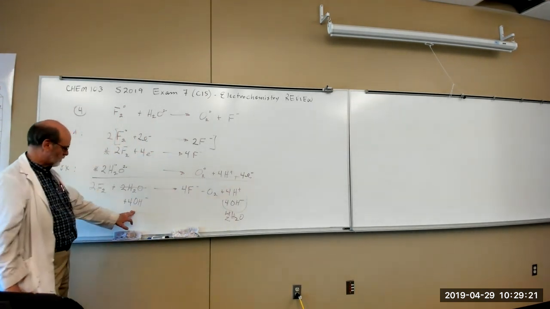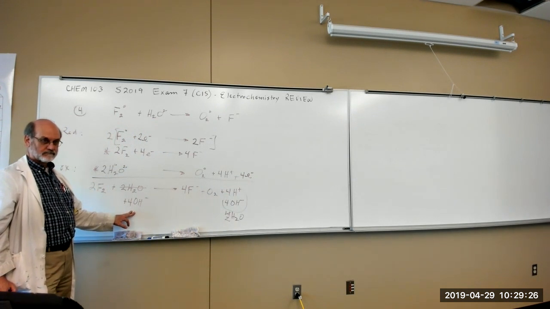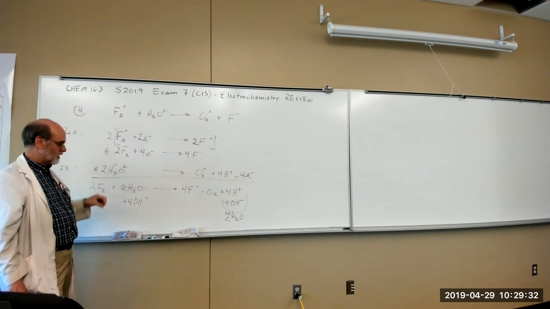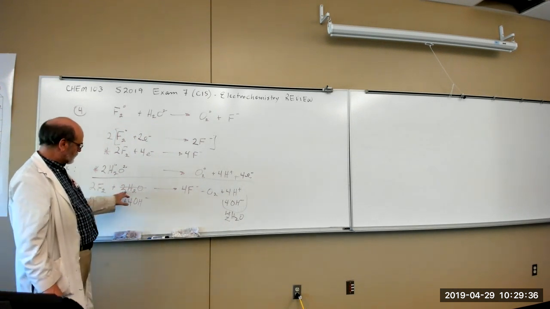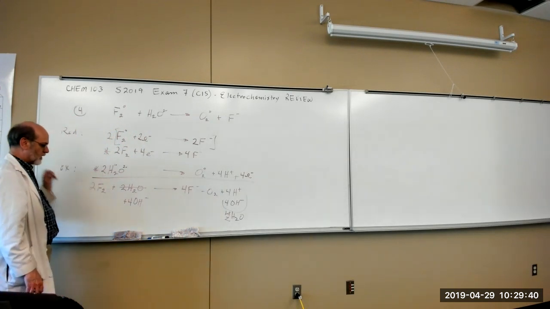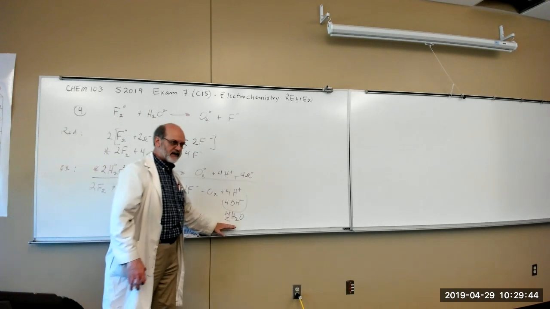And then these are by themselves. Then you have to deal with the water being on both sides. So you have 2 waters here, 4 waters there. If you subtract 2 waters from the entire equation, it gets rid of this one, gets rid of 2 of these.